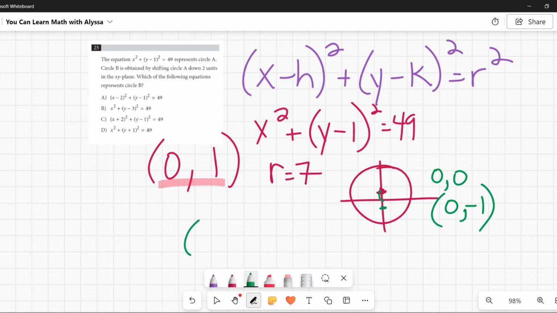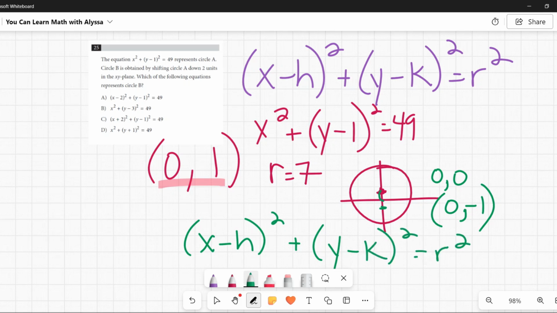All right, using our (x minus h) squared plus (y minus k) squared equals r squared formula, my x coordinate for that center is 0. So (x minus 0) squared still just stays as x squared.